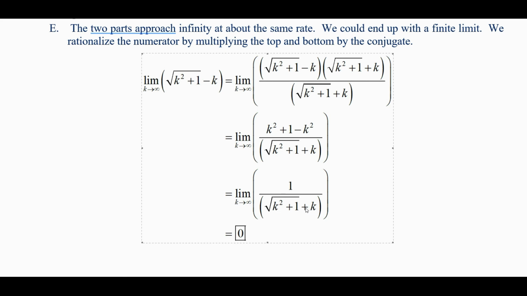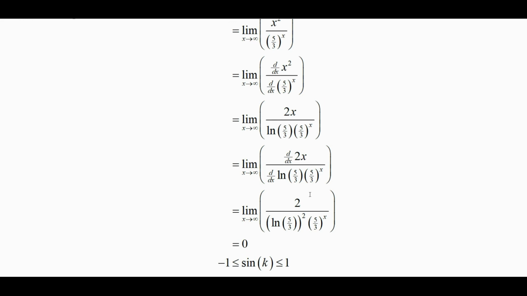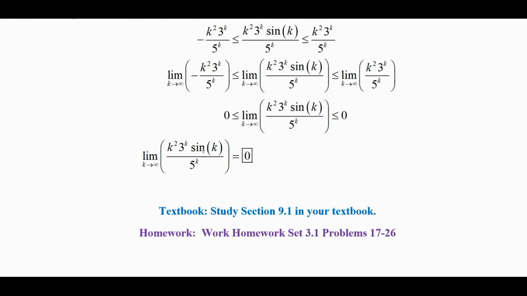And now with a plus here, all of this in the bottom is going to infinity, so this has the form of constant over infinity, and we know that's going to 0. So this one here was what we're looking at for this limit. Turns out to be 0.